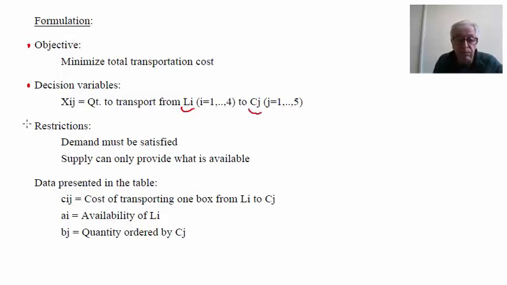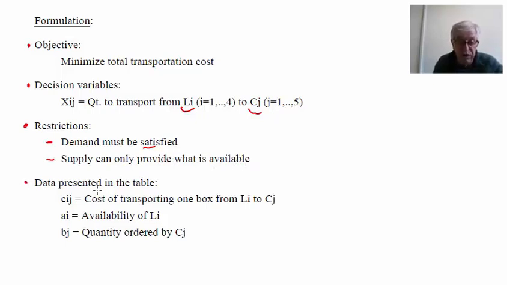And in terms of the restrictions, we have 2 kinds of restrictions. One related with demand. So demand must be satisfied. That is, the clients must receive what they asked. And another kind is related with the supply. And the laboratories, they cannot supply more than what they have available.